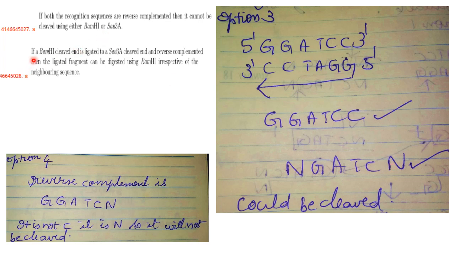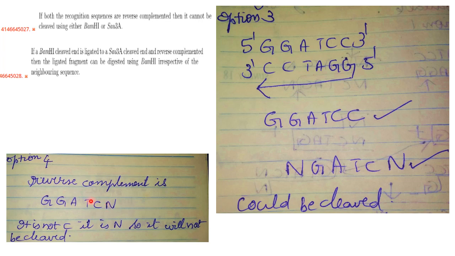Then fourth option. If BamH1 cleaved end is ligated to a Sau3A cleaved end and reverse complemented, then the ligated fragment can be digested using BamH1 irrespective of the neighboring sequence. Now this is the reverse complement and BamH1 cleaved end is ligated to Sau3A. We already did that one in the previous slide.